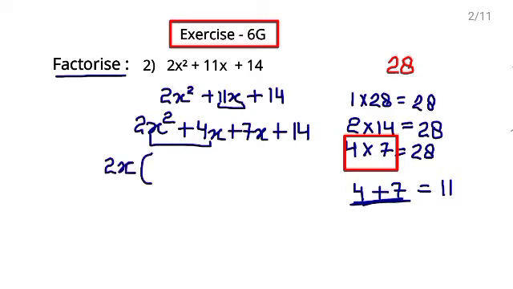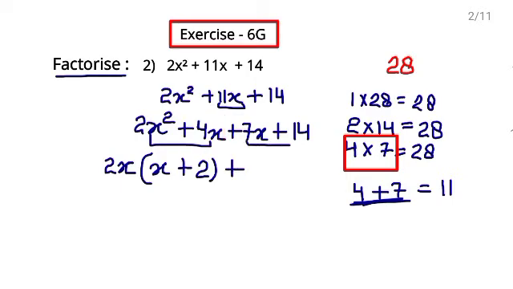Now 2 you have taken from this term and you have taken x raised to the power 1, it means x common, so what is left? Only 1x is left. Plus from this term you have taken 2 common, so the numerical term is 2 2s are 4, and you also have taken x common, so no need to write it.